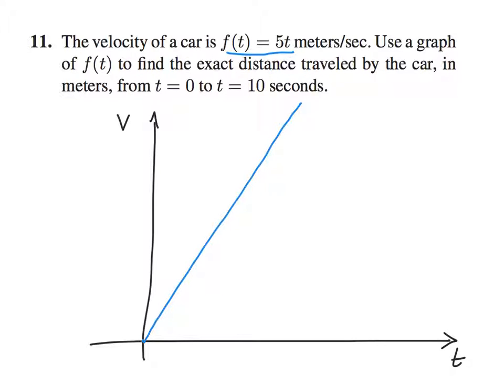We want to measure the total distance traveled in the first 10 seconds. So let's assume here we have 10, then the coordinate value here would be 50.